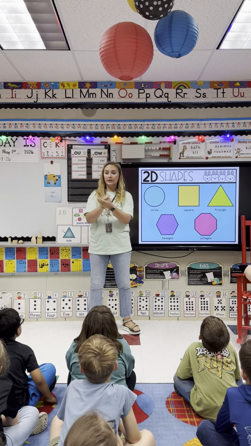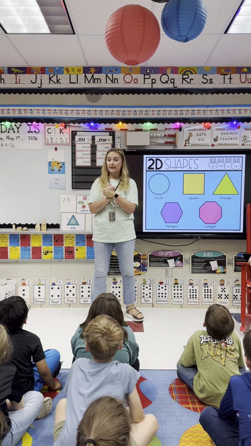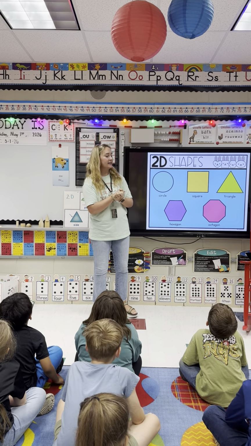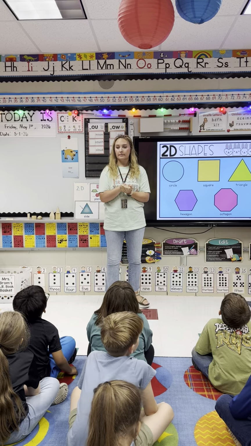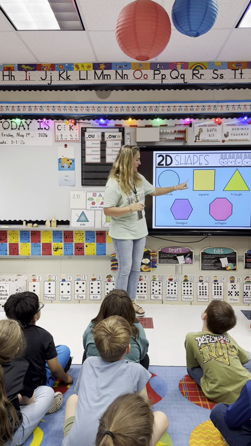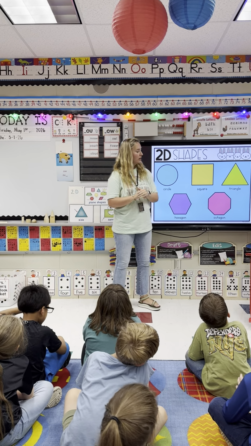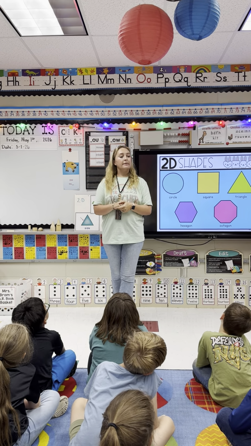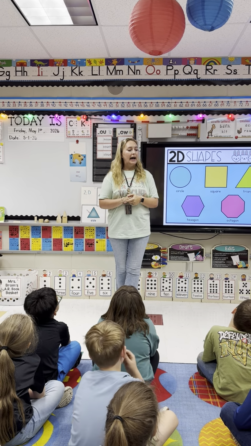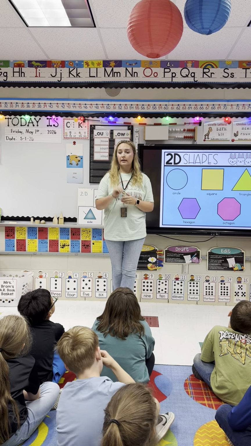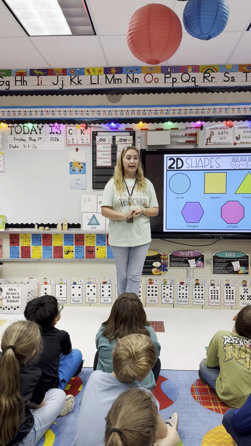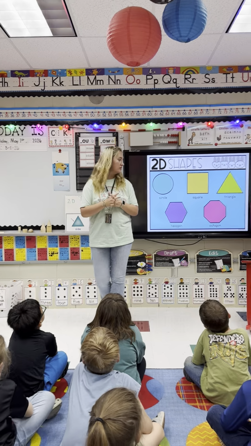So the other part of its attributes would be the sides. How many sides? 4. 4 sides. Let's count them together. 1, 2, 3, 4. Good job. So when I'm thinking of a square, I know that it has 4 sides and 4 angles. I call that its attributes.